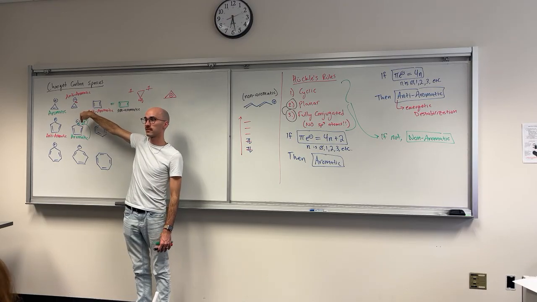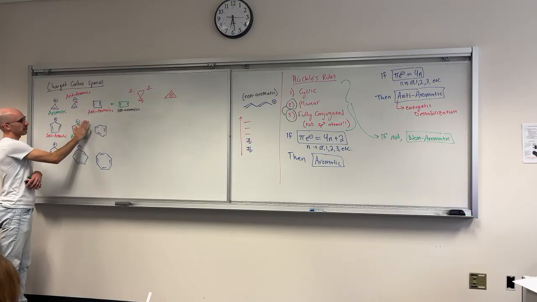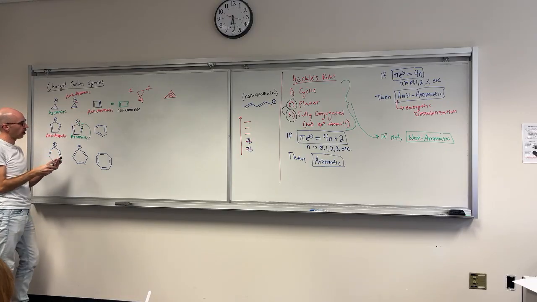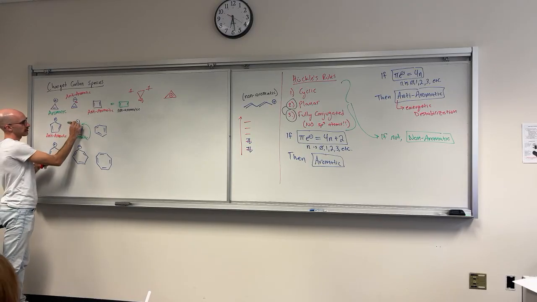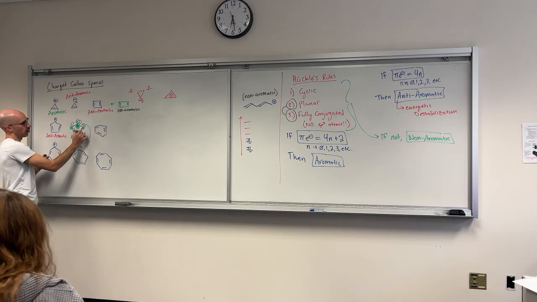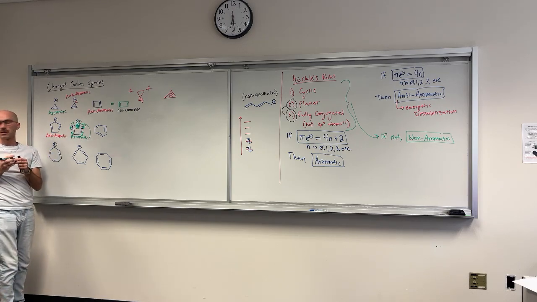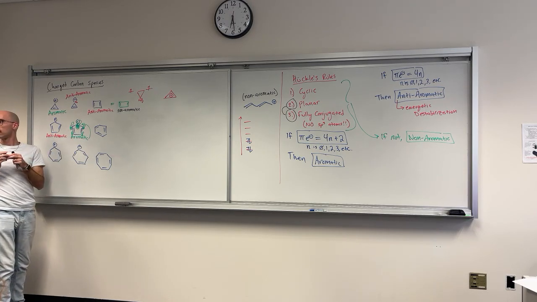Yes, it is. So maybe I can clarify this. Rather than putting sp2 here, what I'm going to show is that this lone pair sits in a p orbital, just like all the p orbitals of the ring, fully conjugated. So it's in a p orbital, just an unbonded p orbital.